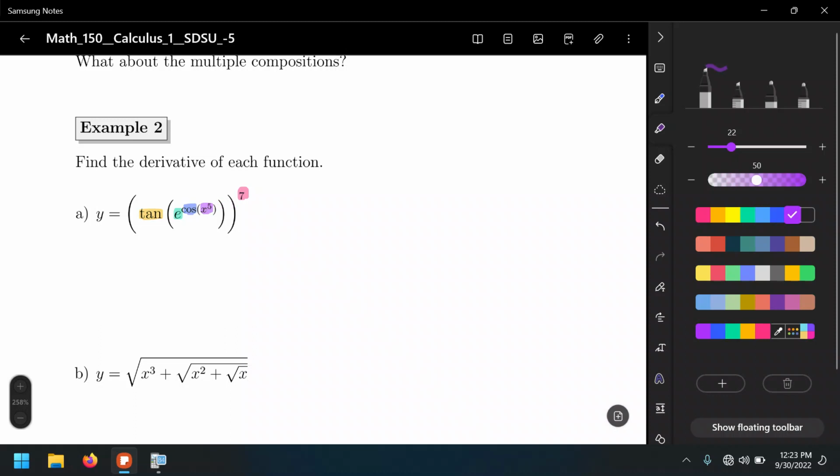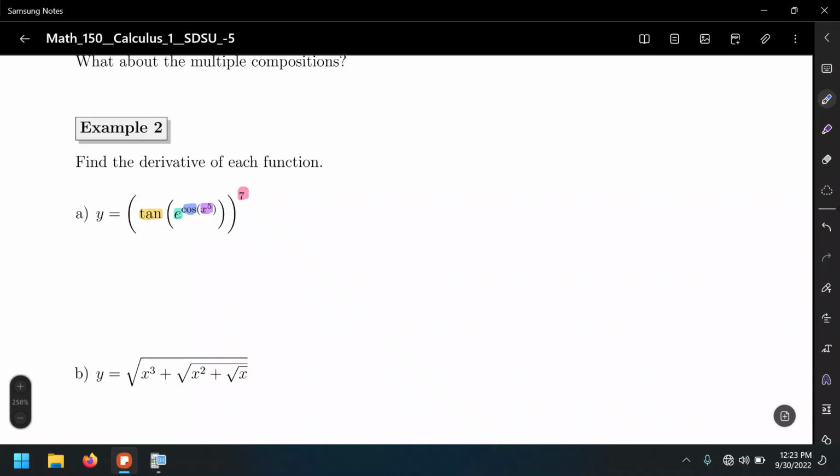So how are we going to differentiate this? Well, again, these nested dots are going to help us visualize what we're going to do. So let's differentiate the outermost function. So that's something to the 7. How do we differentiate something to the 7? Well, we're essentially differentiating x to the 7, and the derivative of x to the 7 is 7x to the 6 by the general power rule.